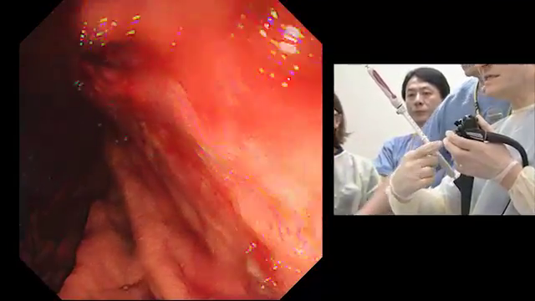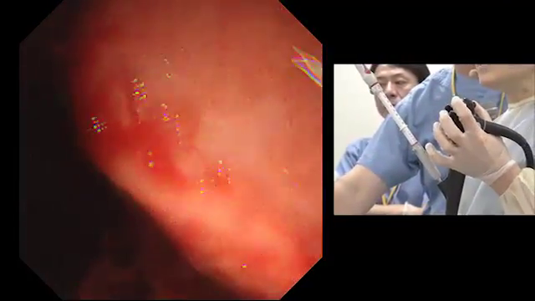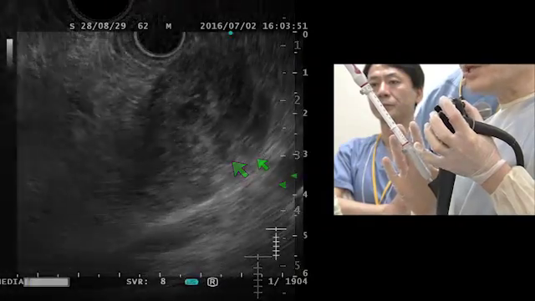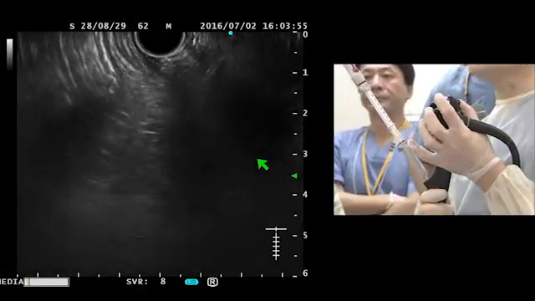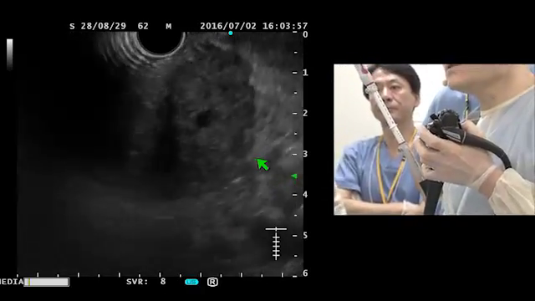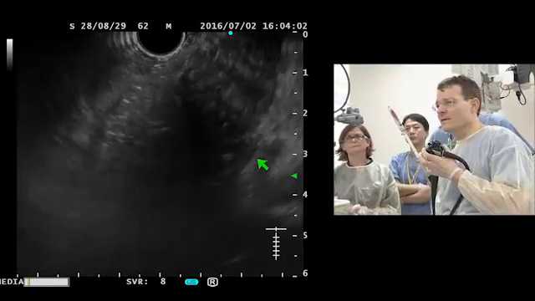So I fix here the needle, my scope is in a relatively straight position, and this I always check before any puncture, that the needle is definitely out of the working channel. Yes. Now I switch back, and now we try to get a relatively stable position.